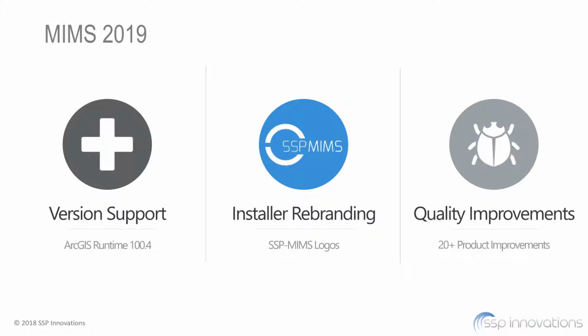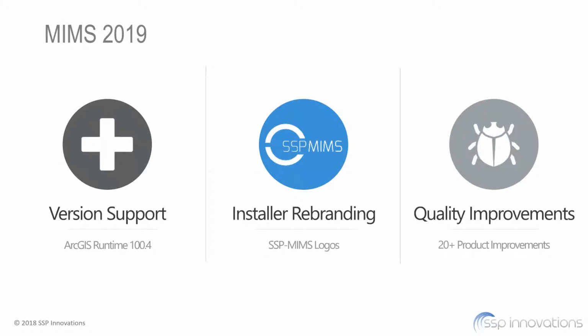Next is our continuing effort to align the expanded SSP product line. MIMS installers underwent a facelift, to include our marketing team's great work in rebranding so that MIMS installers can take their place in the product suite. Lastly, we were able to include more than 20 quality improvements in various areas across the product.